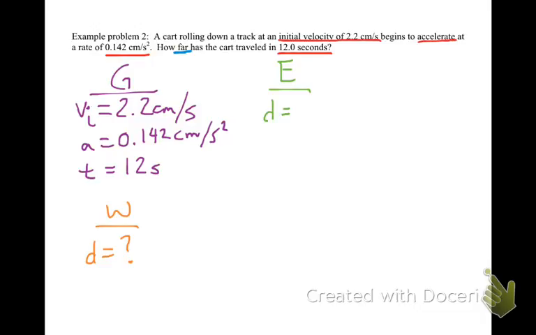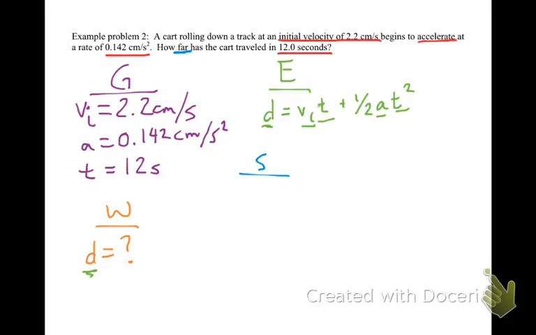We've got d equals VIT plus 1/2 AT squared. Now, why did I choose this equation? Because every single variable is given to us, and what we want happens to already be what we solve for. Now, that doesn't always necessarily happen, but if you look at the equation itself, we were given our initial velocity, we were given our acceleration, and our time, which makes things kind of nice.